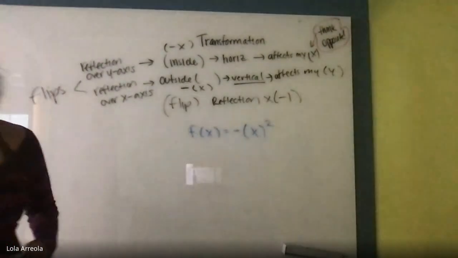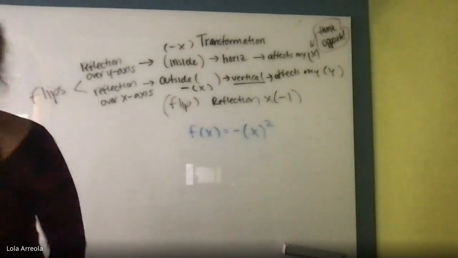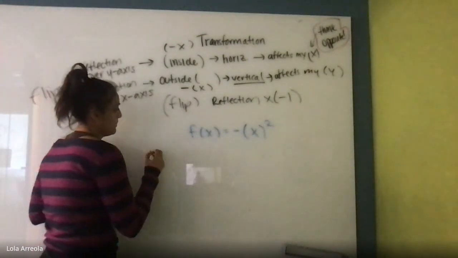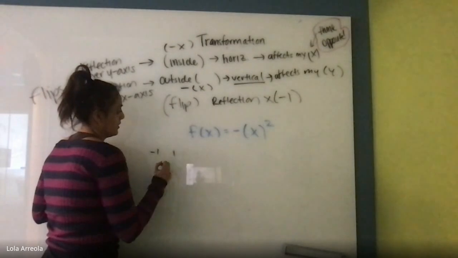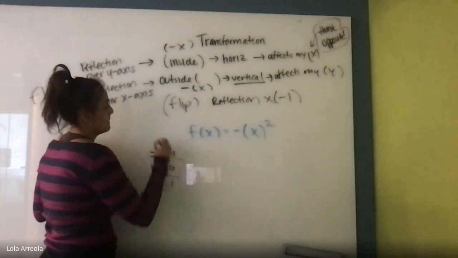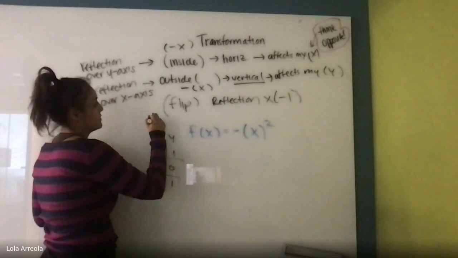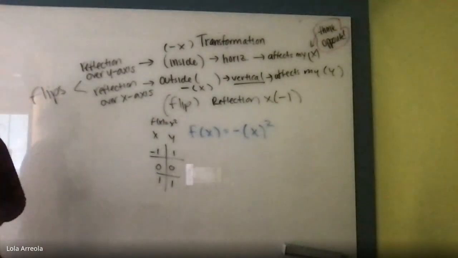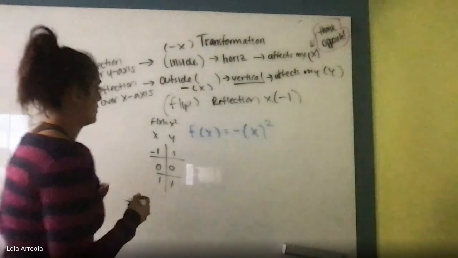First of all, I see an even exponent, so I have an even function with key points -1, 1, 0, 0, 1, 1. And this is the graph f of x equals x squared before transformation occurs. Now, what is the transformation?